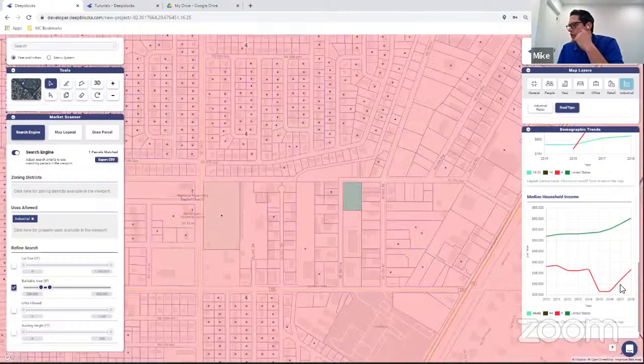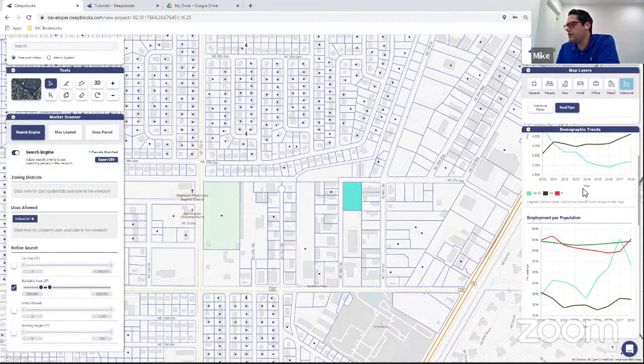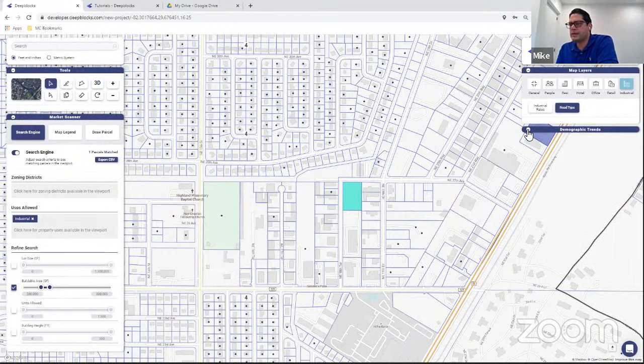You can see it's a nice strong incline in income. So another good indicator that there seems to be quite a bit of growth going on in this particular census tract. These are all just good, strong indications that this is a very good area to develop in, a lot of opportunities. So we're going to go into the next step of the process of using Deepblocks.